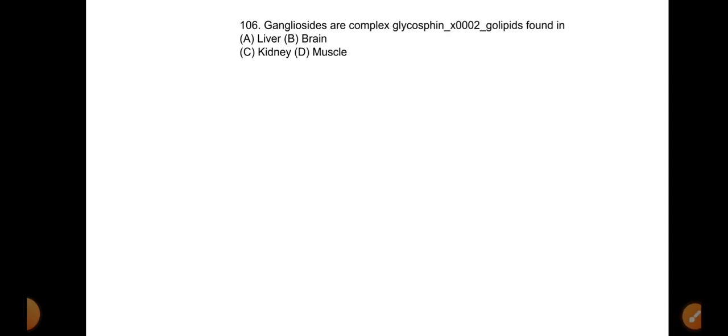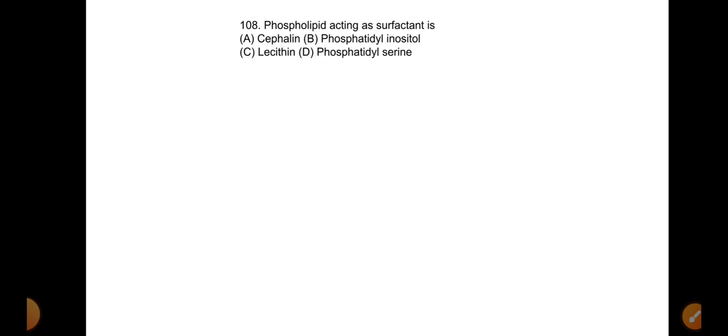Okay. 104. Higher alcohol present in waxes is... 105. Keratin consists of... 106. Gangliosides are complex glycosphingolipids found in... 107. Unsaturated fatty acid found in cod liver oil containing 5 double bonds is... this is a factual question. 108. Phospholipid acting as surfactant is... 109.